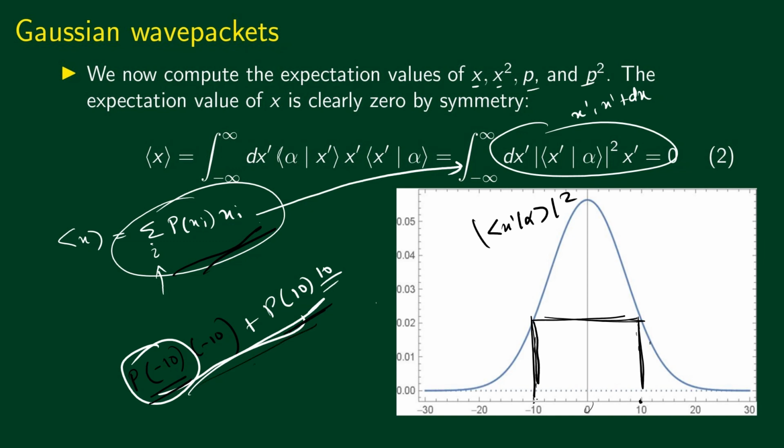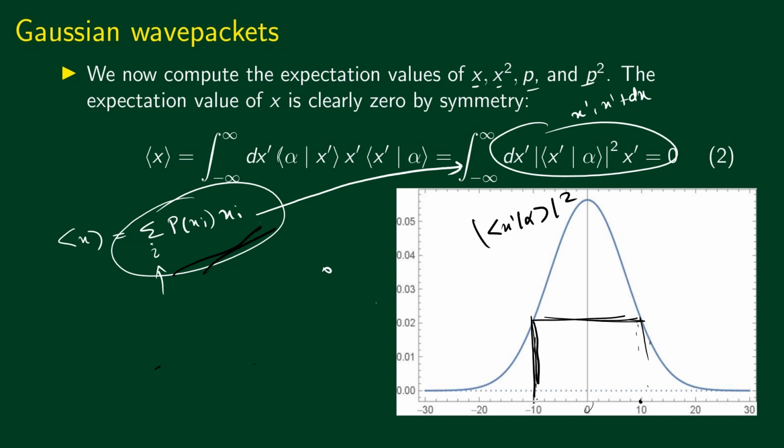Likewise, corresponding to every contribution from a minus number, there's an equal and opposite contribution from the plus part, which means that all these will add up to 0. So from the symmetry of the Gaussian about 0, it's clear that the expectation value for x has to be equal to 0. I hope this is clear.